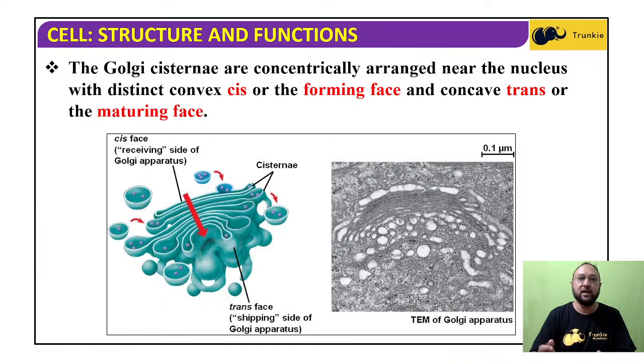And another side is the trans or maturing face. Cis means the forming face, which is the receiving end, and one is the maturing, from where the vesicles are getting detached. Once formed and processed, they are going into the other part of the cytoplasm.